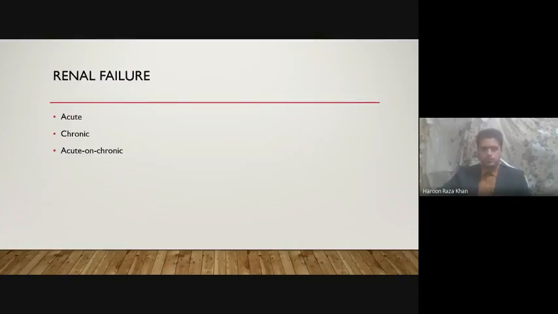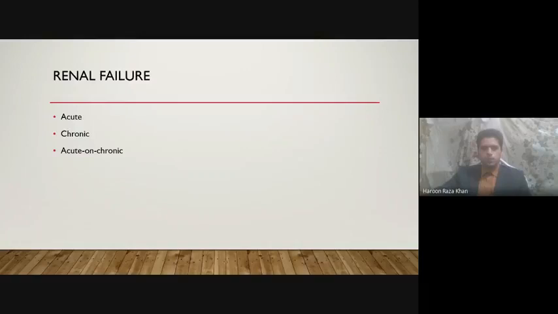So there is a significant decrease in the function of the kidneys that leads to an inefficient work of your kidney. It can be classified into three types: the acute, the chronic, and the acute on chronic.